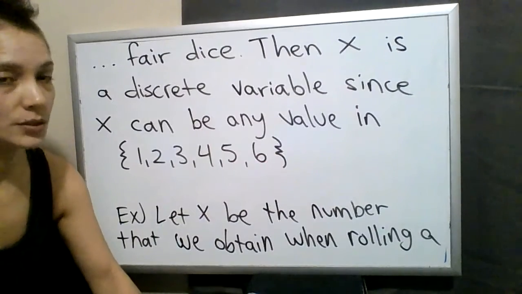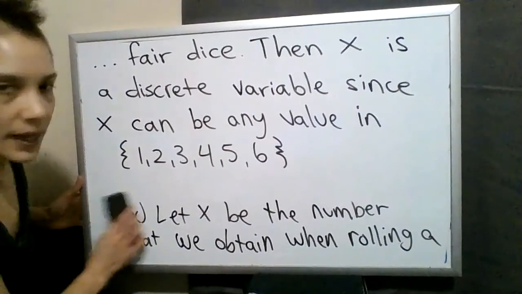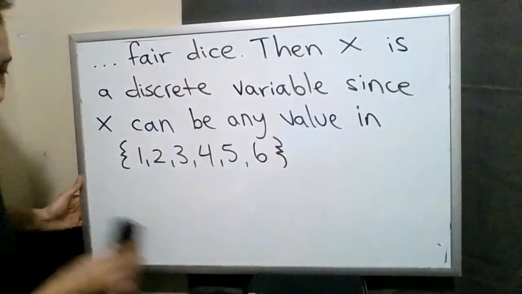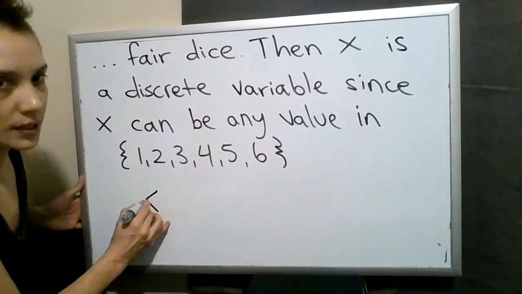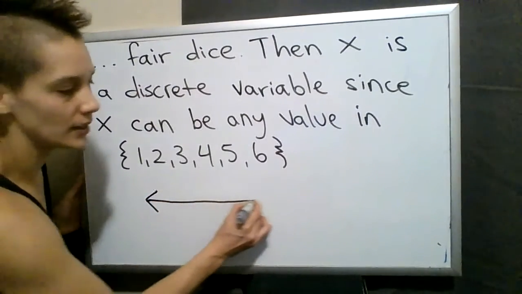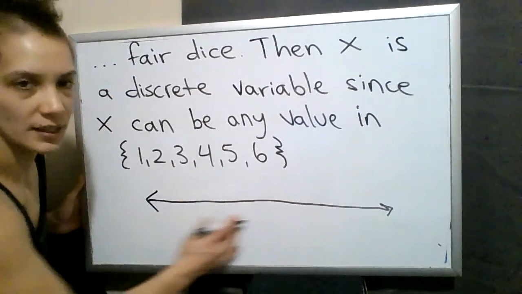So we're going to sketch a graph and then plot the values of x on that graph. I'll talk a little bit more about this soon, but this is going to represent a real number line. So all real numbers are possible on this line.